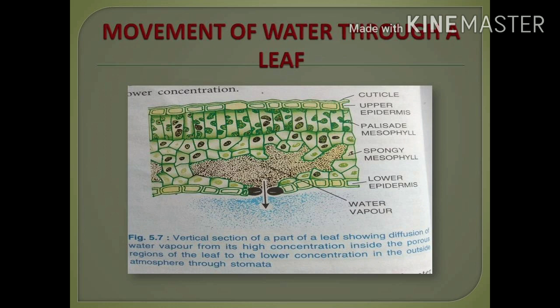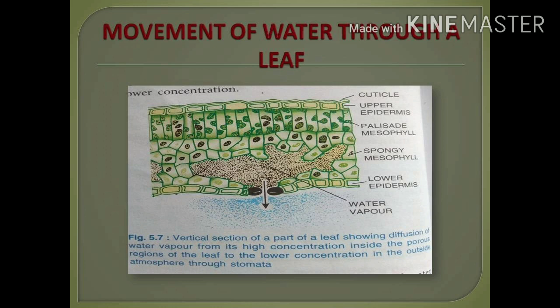Here, as I already said, the water comes out in the form of a water film through the mesophyll cells, that is the palisade and spongy mesophyll cells, then it enters the intercellular space, then the substomatal space. Here, the cell sap of these mesophyll cells exerts a pressure on the cell wall, which is called turgor pressure.